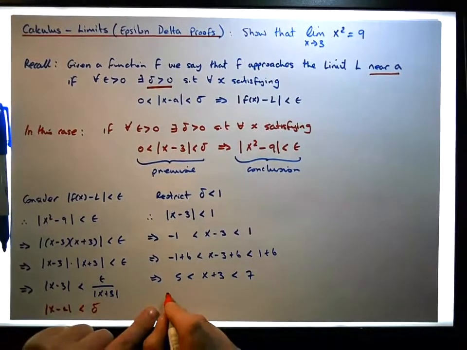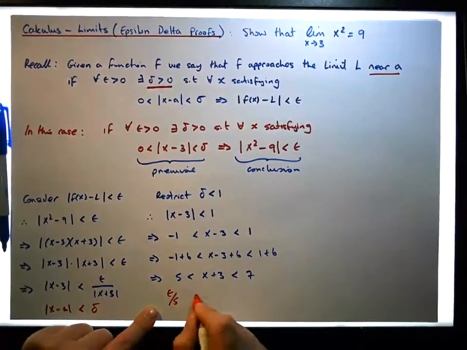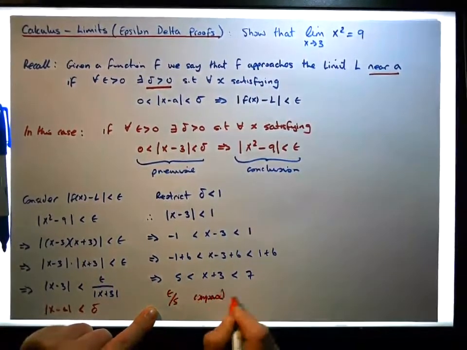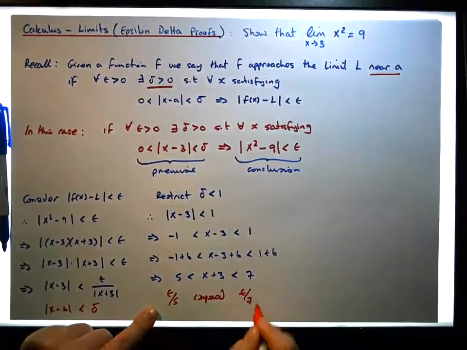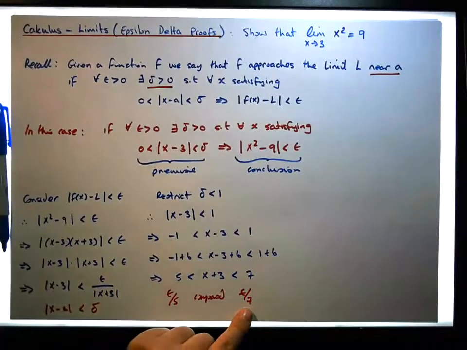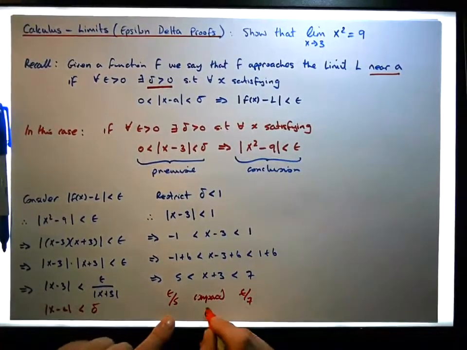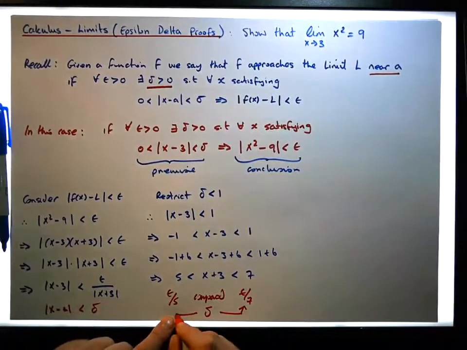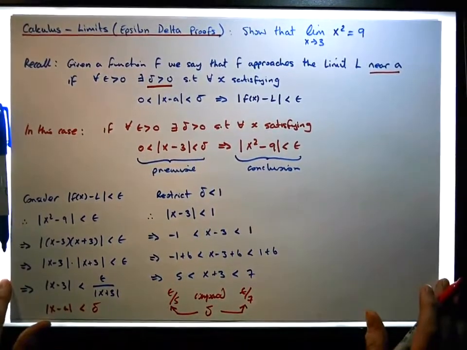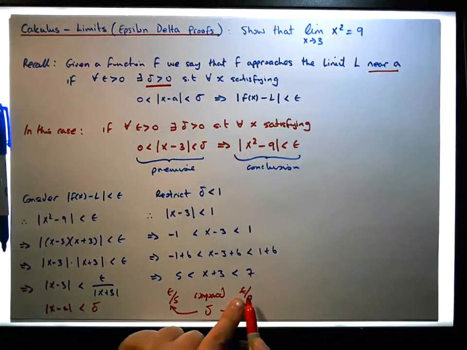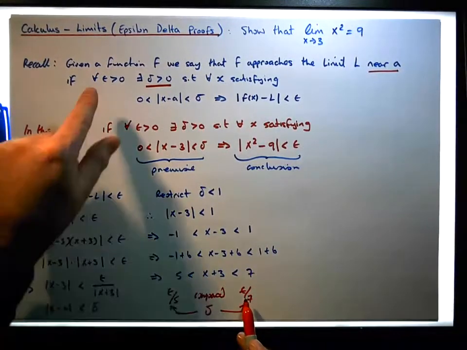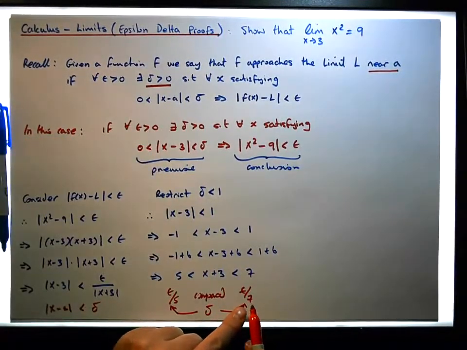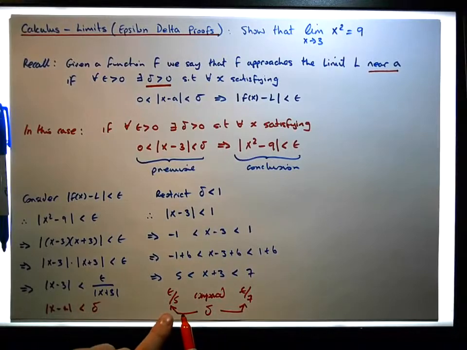If we consider epsilon over 5 compared to epsilon over 7, these are two particular choices for delta. Epsilon is positive, so epsilon over 7 is a smaller number than epsilon over 5.